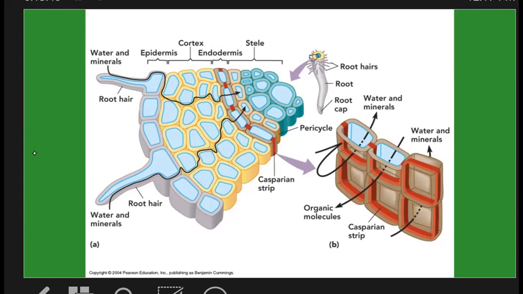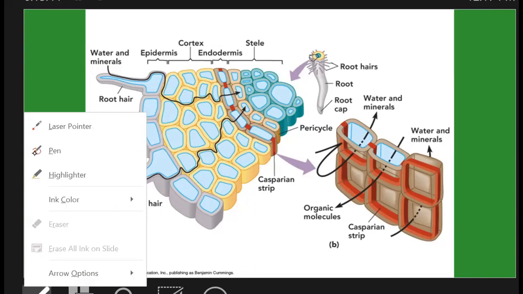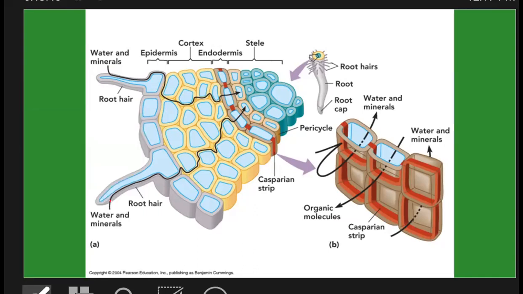And the pathway that they've drawn, if you look at it carefully, is water going in between the root cells. You see how it's in between the root cells, hanging out in the cell wall space. And that's the most efficient way to get water into the root tissue and then get it to the xylem.